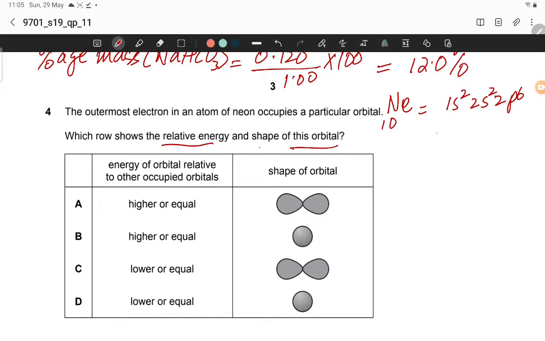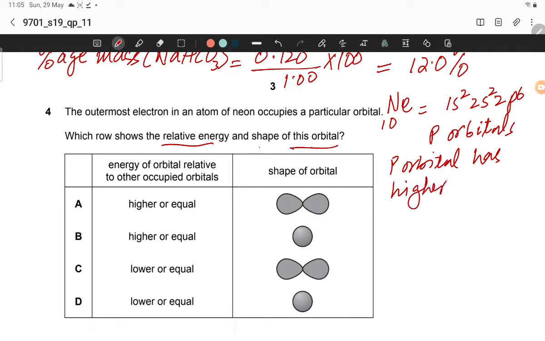It has p orbitals. The p orbital has higher energy than the s orbital. P has a dumbbell shape.